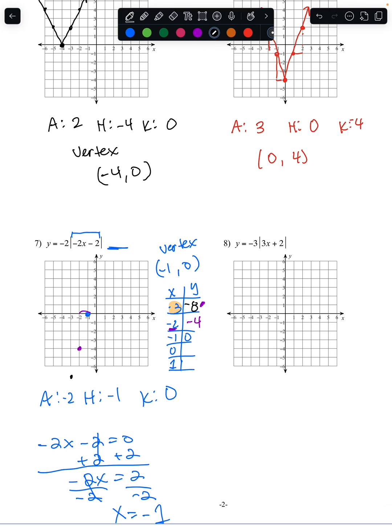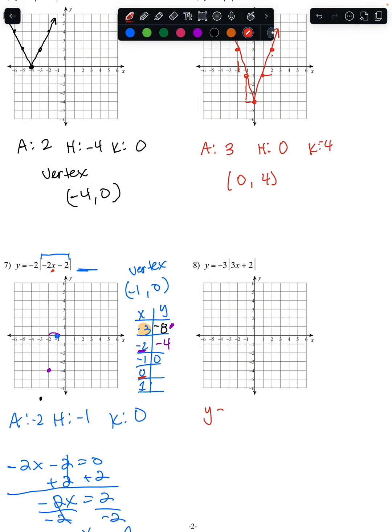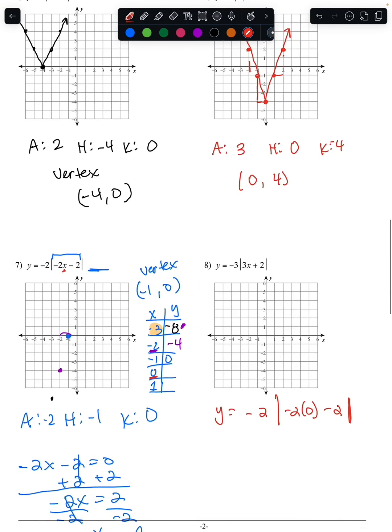Now, let's do the next one. We're going to plug in 0, because that's our next number we have to do. So y equals negative 2, absolute value of negative 2 times 0 minus 2, close absolute value. And then negative 2 times 2 is going to be 0. 0 minus 2 is negative 2.